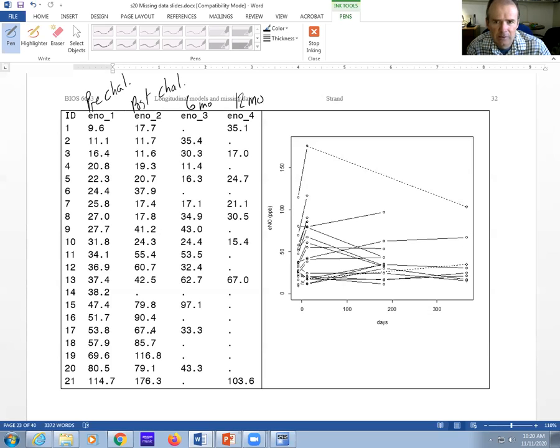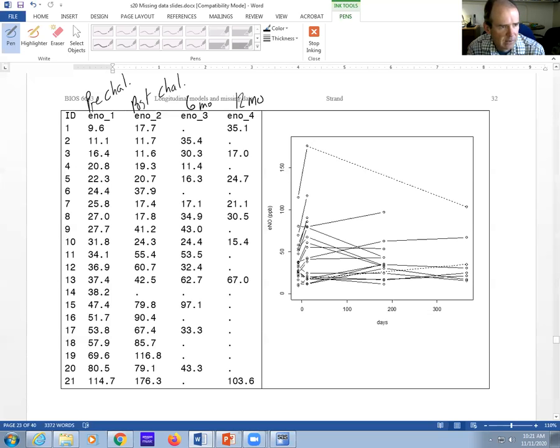So Jonathan could be right, it could be missing not at random, but it's also possible that if you can find a systematic relationship between the baseline value and what's happening over time, you might be able to put in the observed Y at baseline, and maybe even a function of that, in order to account for what's happening. So I would say it could be missing not at random. It could be missing at random if you're able to capture the information you need from that initial ENO value.